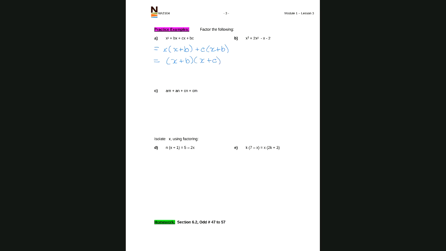For b, again, we don't need to rearrange the terms. The last two terms have a common factor of -1, so I'm going to write -1 to get x plus 2 in the bracket.